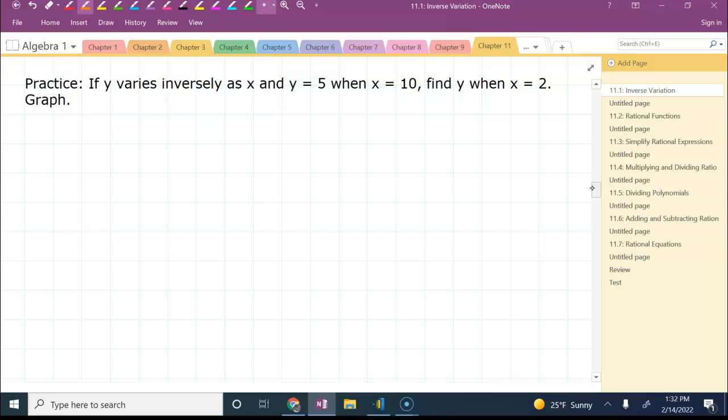So we're going to start again. It says that y varies inversely, and that y is 5 when x is 10, and we want to find the value of y when x is equal to 2. So we're going to start with that equation xy equals k, and I'm going to put in 5 and 10 for x and y.